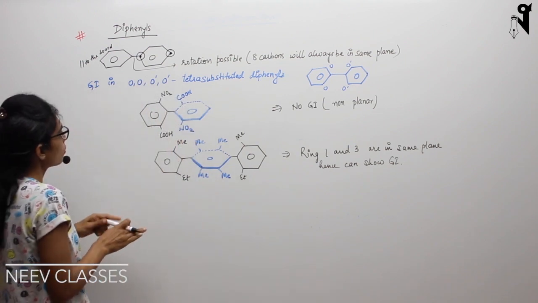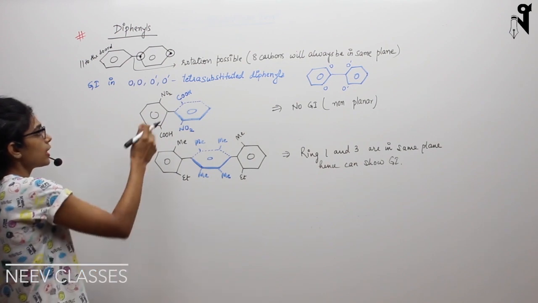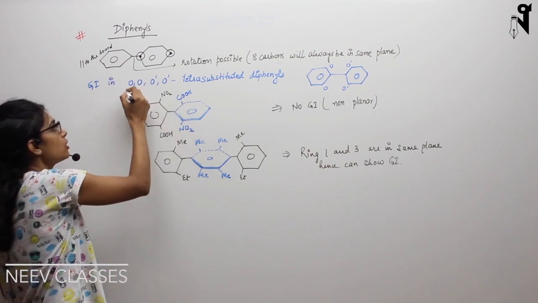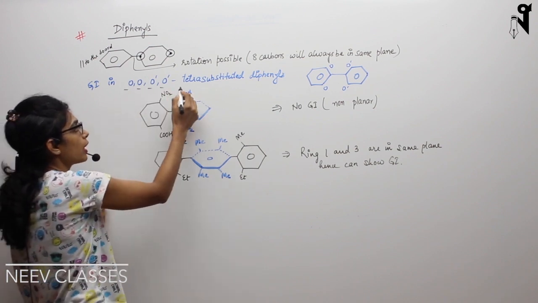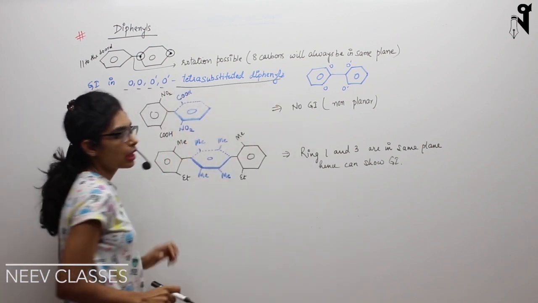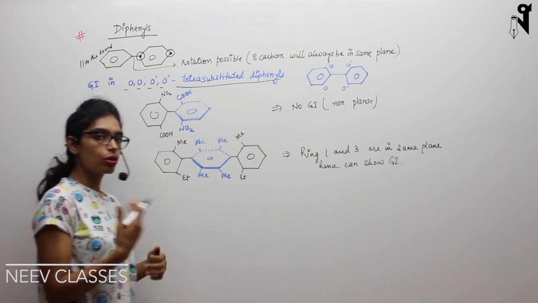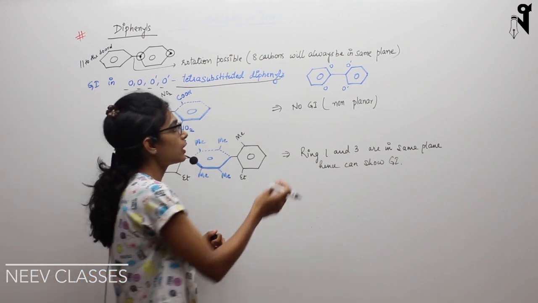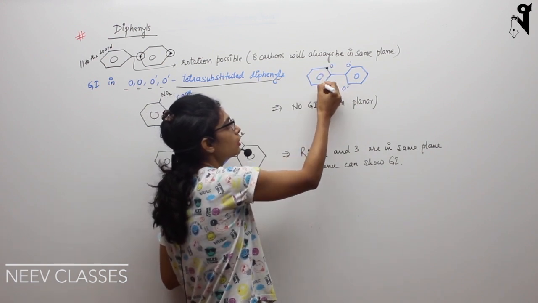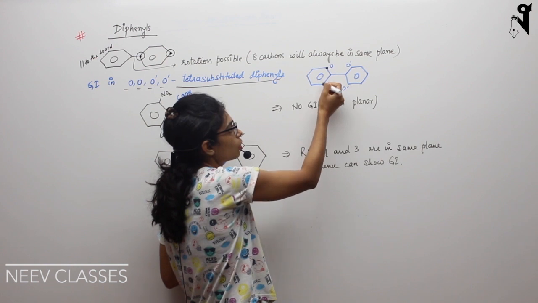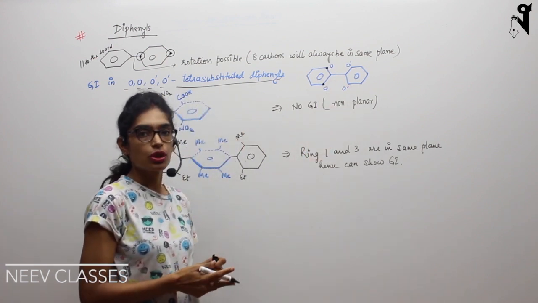Now how are we going to understand the geometrical isomerism in biphenyls? We are going to take a specific case of ortho-ortho dash tetra substituted biphenyl. What is ortho-ortho dash tetra substituted biphenyl? Any attachment present over here, these are the ortho positions. Ortho position is which position?